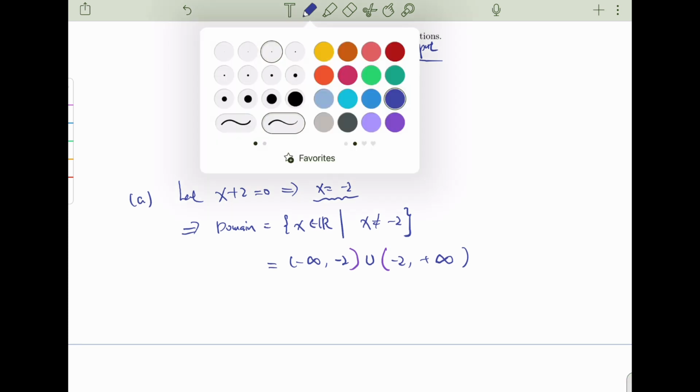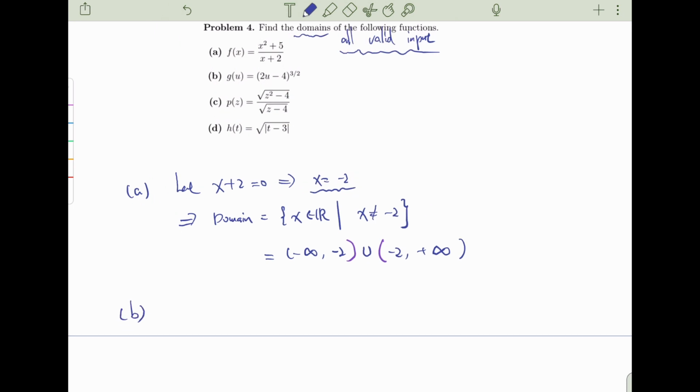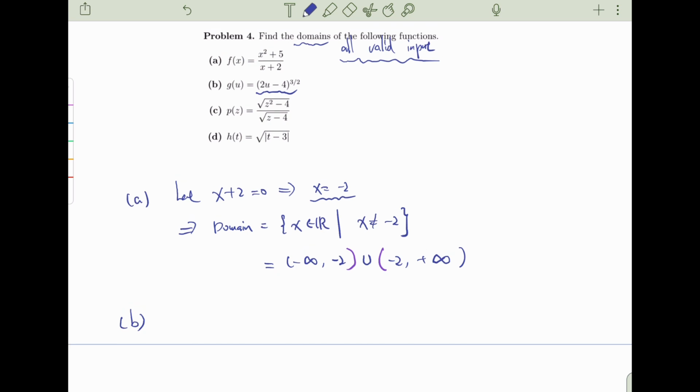Now let's move on to question B. In question B, we have g(u) equal to (2u minus 4) to the 3 divided by 2. So let's recover this expression to see what it is by putting a fraction in the exponent. If you have a fraction in your exponent, then the numerator is actually the power, and the denominator is the number of the roots that you need to take.